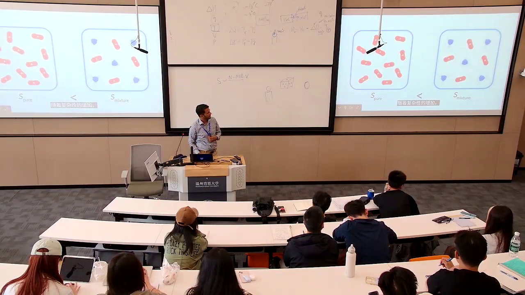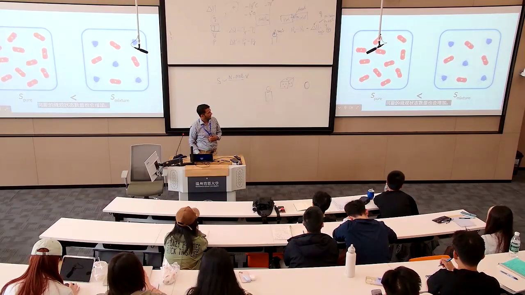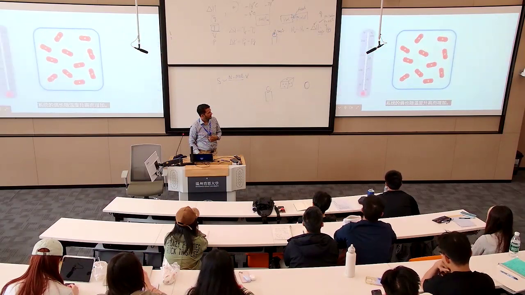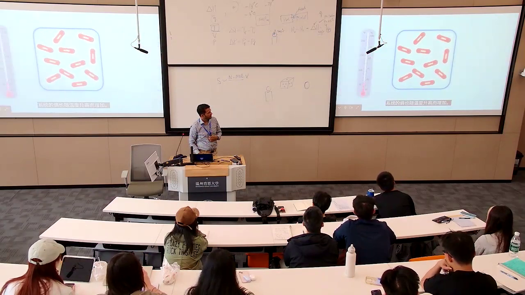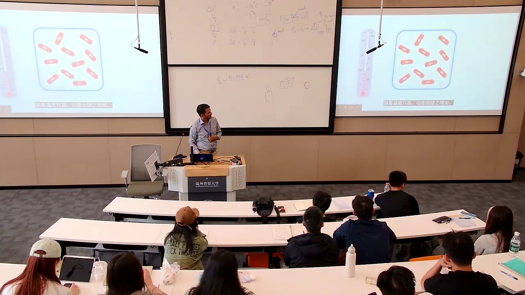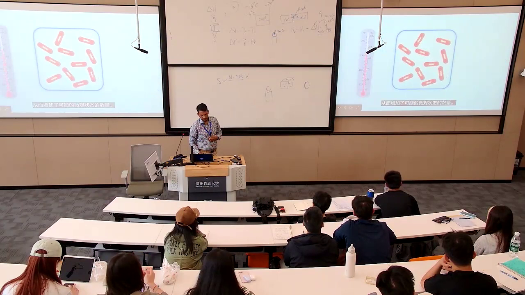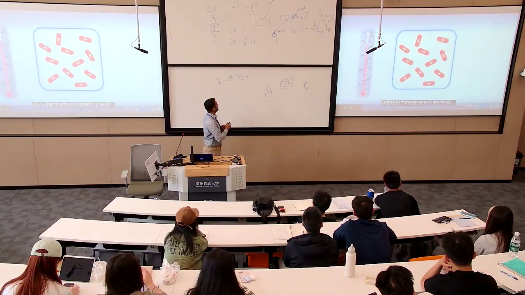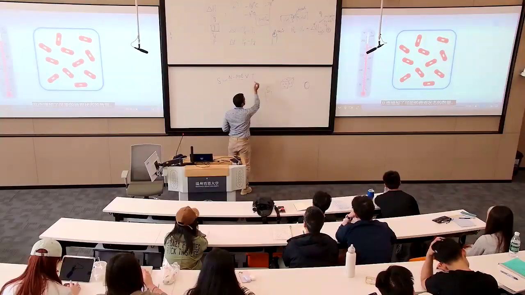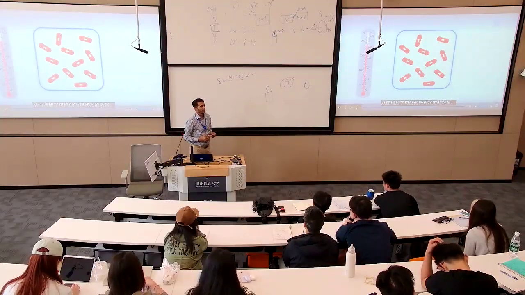As increased complexity results in a higher number of possible microstates, the entropy of a system also increases with temperature. As the temperature increases, so does the kinetic energy, resulting in an increase in the number of possible microstates. So if you increase the temperature, entropy increases.